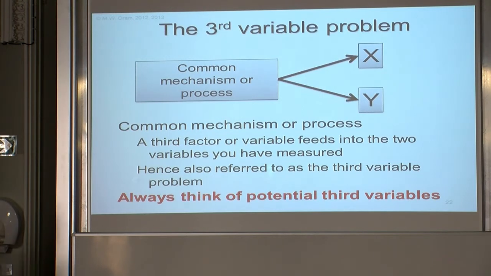So a third factor that feeds into it will give you covariation, but it's not the causal relationship between the two variables. Okay, so when you see correlations, start playing devil's advocate. Think of other ways that you could get the observed data rather than going for the simple causal relationship.